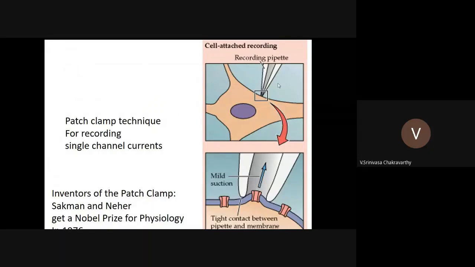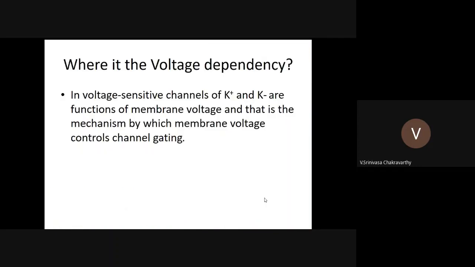You put a pipette and grab a single channel, apply a gentle suction so that the channel is slightly sucked into the pipette. There is then an airtight contact between the pipette and the membrane, and you can measure the channel current. Hodgkin and Huxley didn't use this method because it came much later. They used different methods called voltage clamp, but I'm not going into the methodology.